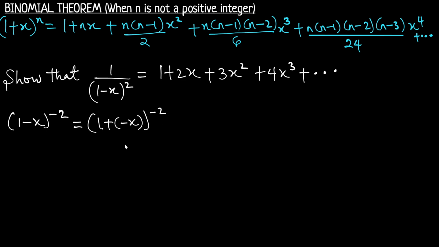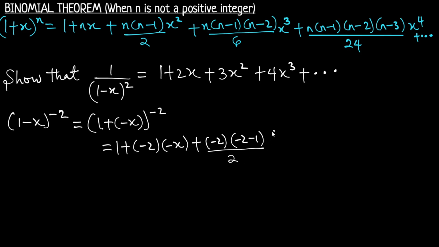And this is going to be equal to, remember that n is -2. Okay, so we have 1 plus -2. Now our x is not x, right? In this case it is x because it is positive, and in this case it is negative, so we do -x. And for the next term, we have n, which is -2, times n minus 1, that is -2 minus 1, divided by 2, right?